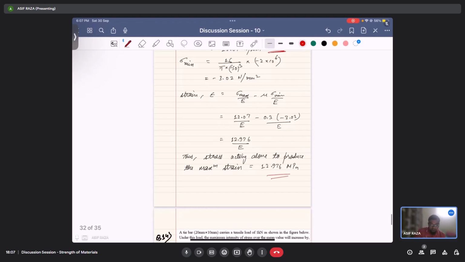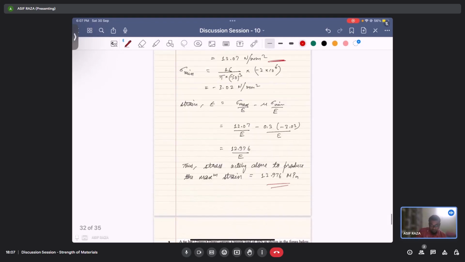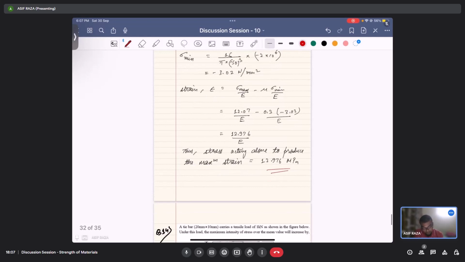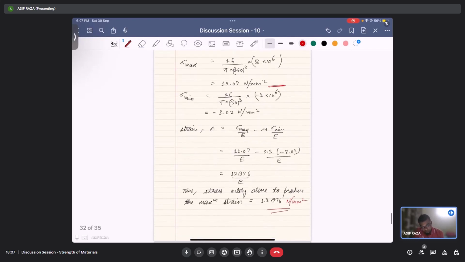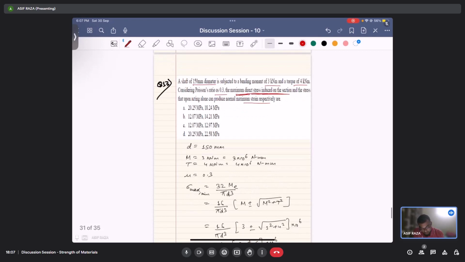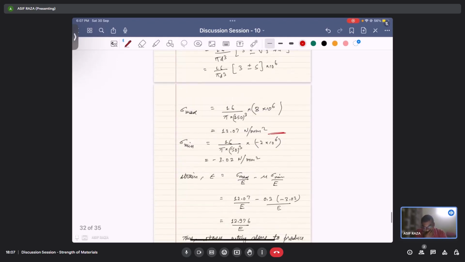So for the first part it's 12.07, and the unit is megapascal or Newton per mm square. Okay, so 12.07 and 12.97. So the correct answer is option C.